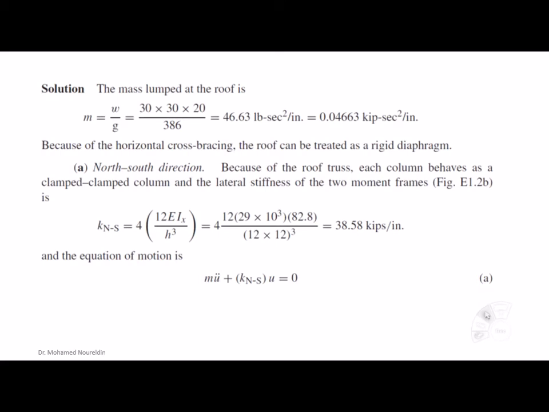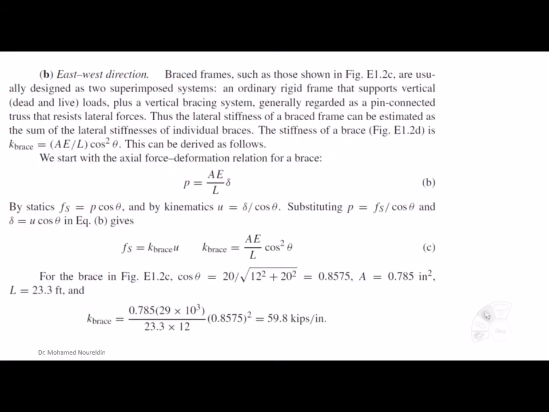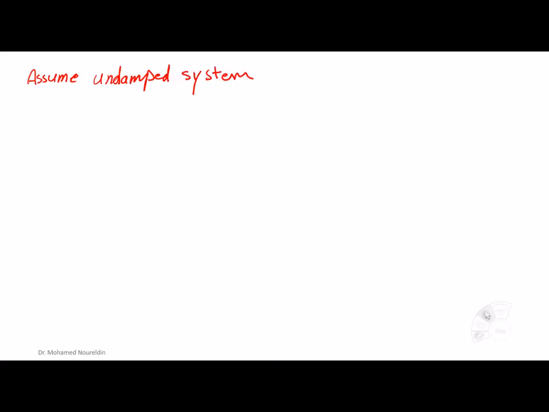So here I want to highlight one thing which is important. Whenever you assume that the system is undamped, then by default you're going into what you have studied in the undamped system. So you need to remember what we have explained regarding it.